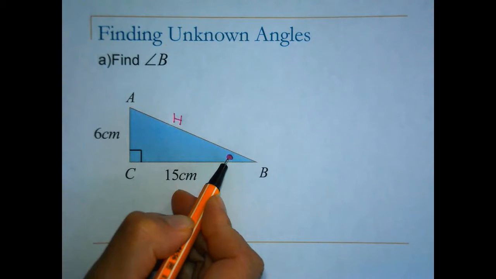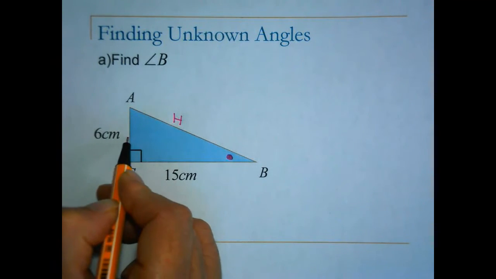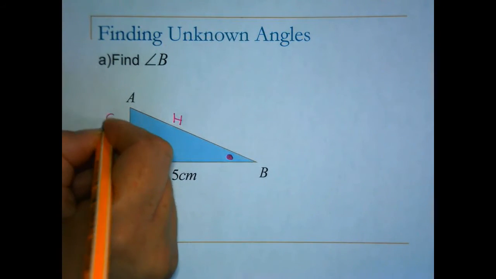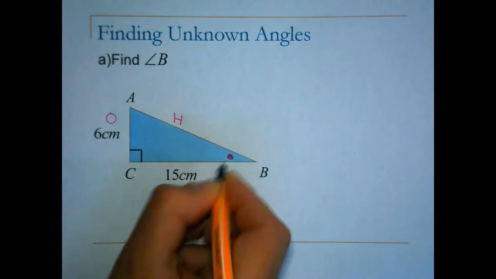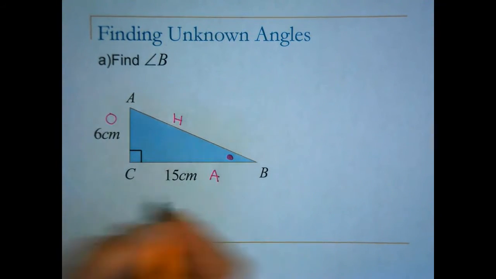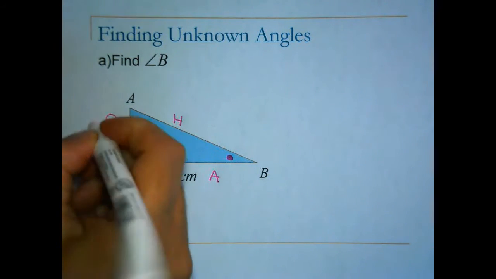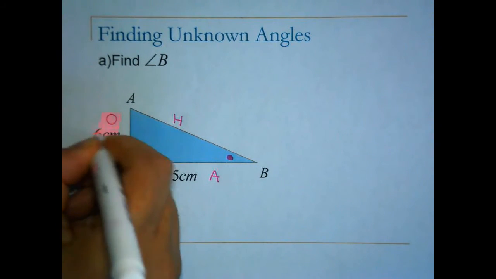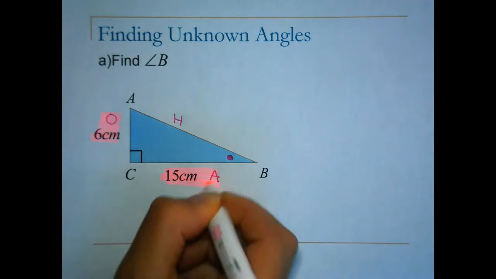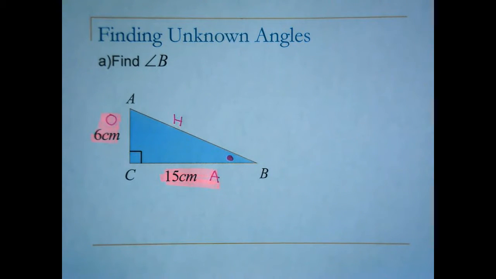With respect to angle B, this will be the opposite side, and this is next to the angle, so this is the adjacent. Now, the sides that are provided for you are opposite and adjacent. O and A are given in the question.